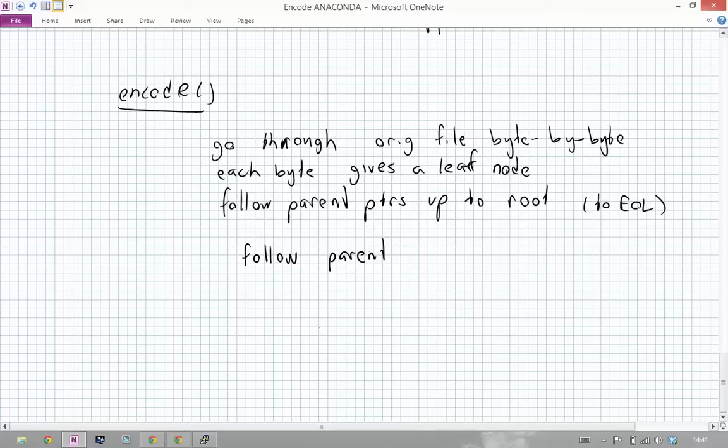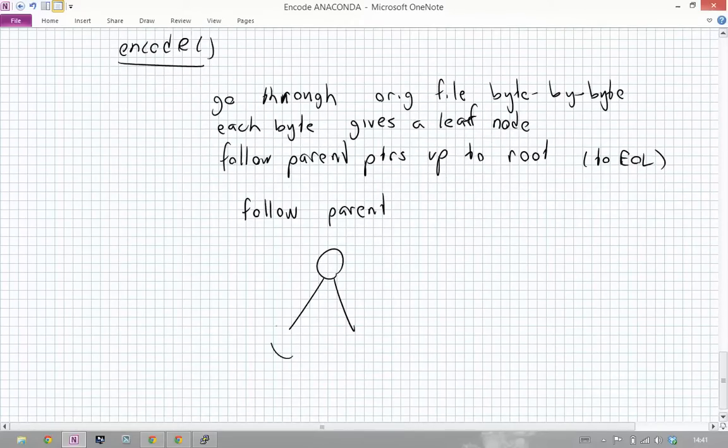Let's do a little microcosm here. We have node 1 and node 2, and let's say you're coming from node 1 and you're going up. So you follow the parent, and now your cursor is up here.